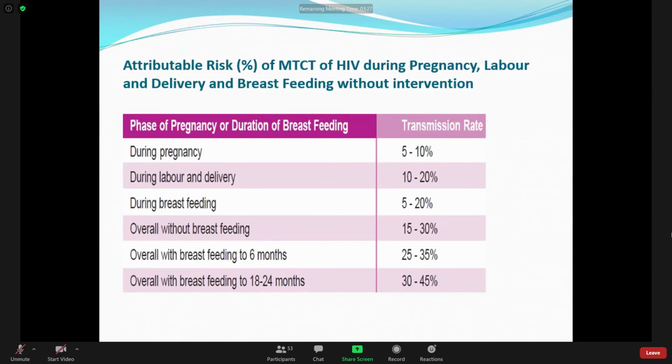According to WHO, the risk of transmission through breastfeeding is 13%. This is presented by the Nepal government, DHS.